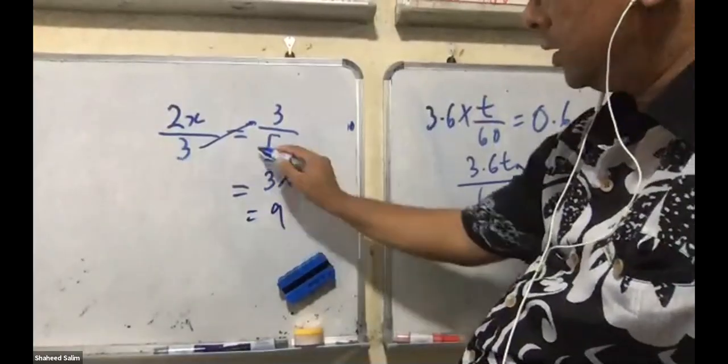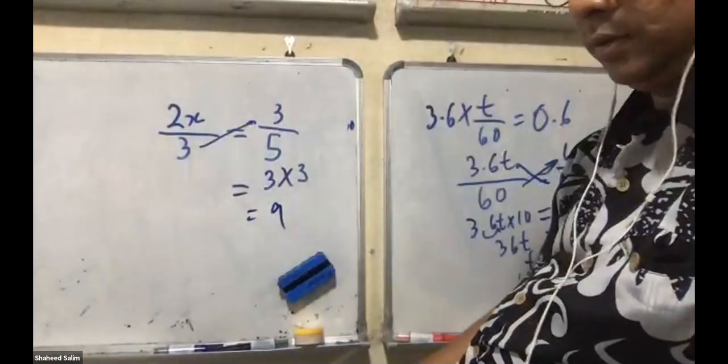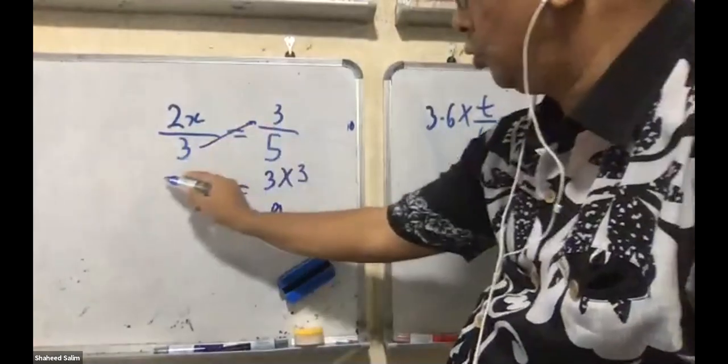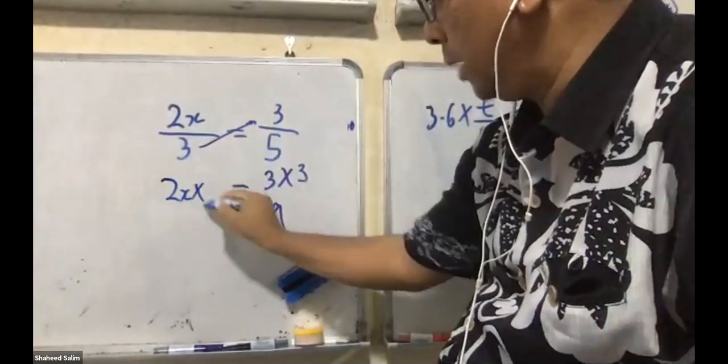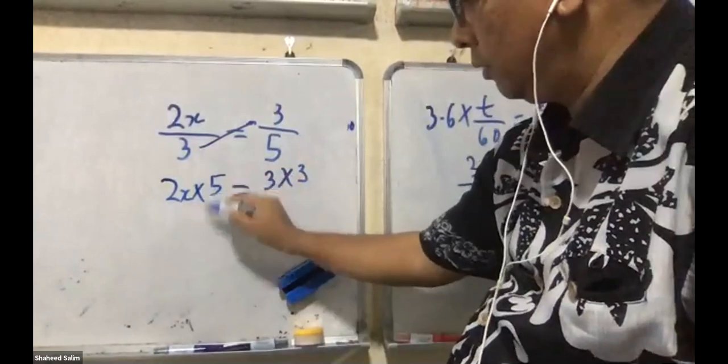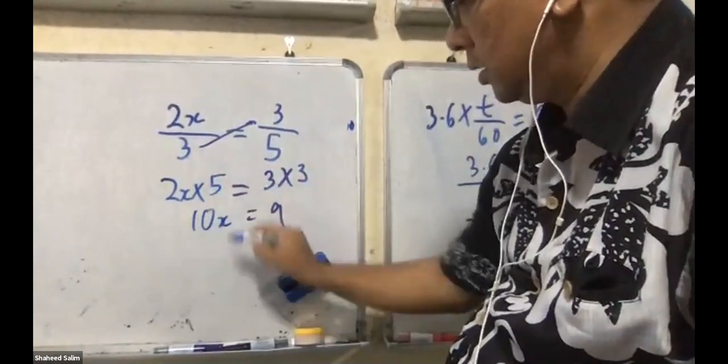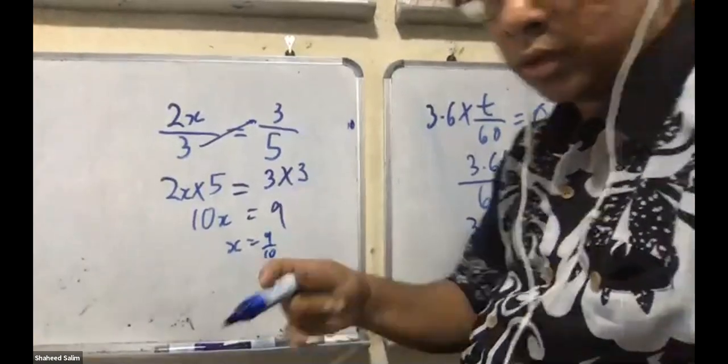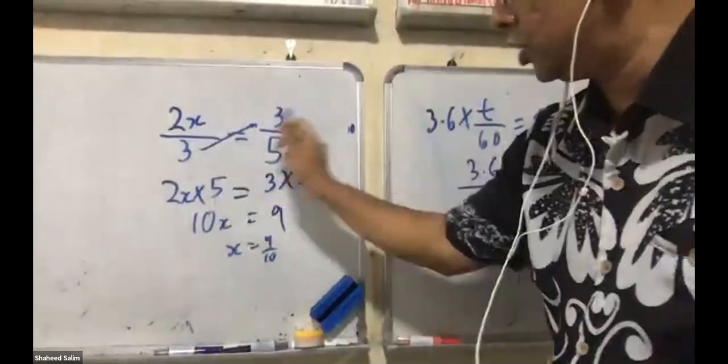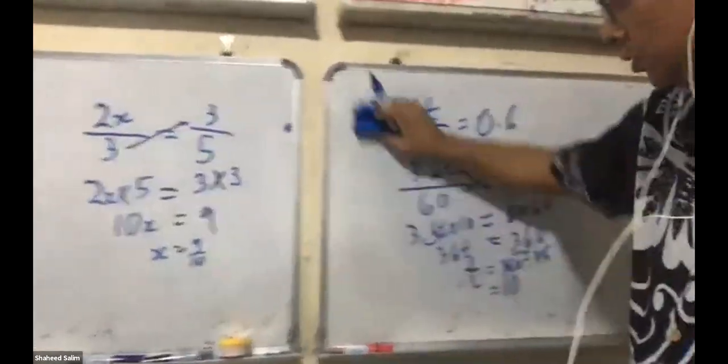Okay, so this one becomes 9. The 5, bring it over there. So 2x times 5 becomes 10x. Then you can find 10x equals 9 divided by 10. You know how to do, huh? I'm going to give you my question now. You're very clear, you can push up.